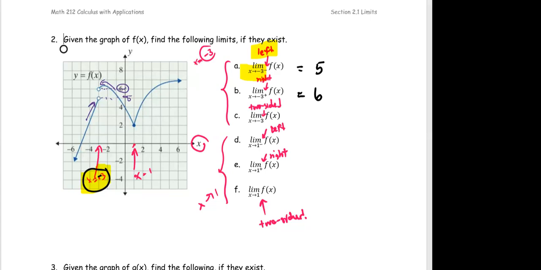Then part C, no superscript, means you look at the two-sided limit. In this case, the left side goes to 5 and the right side goes to 6. They are not the same. They don't agree to come to the same target. If they don't agree, the two-sided limit does not exist.